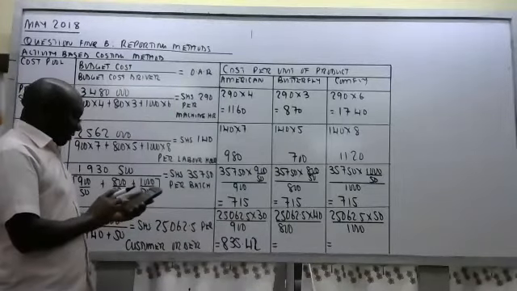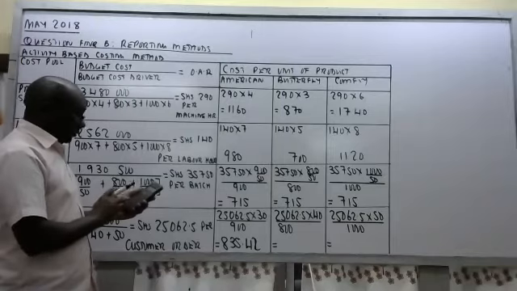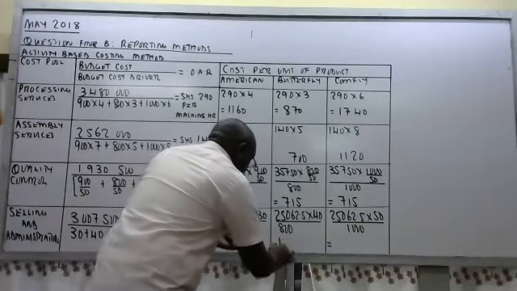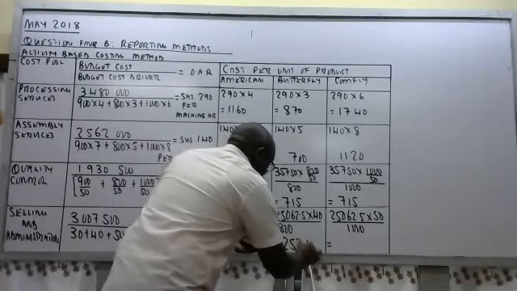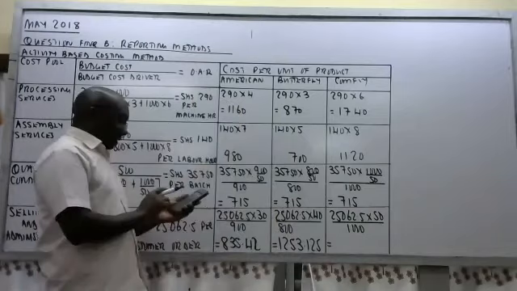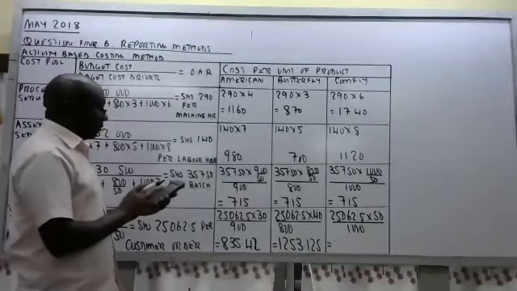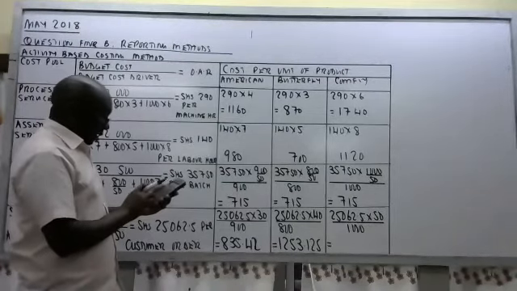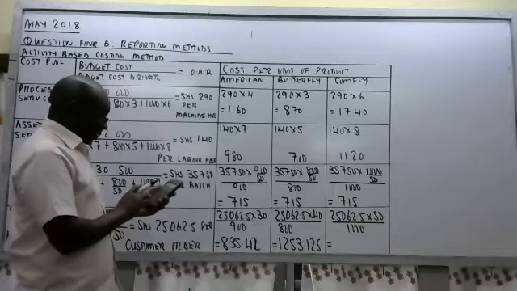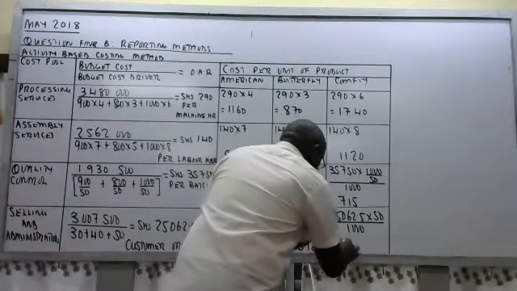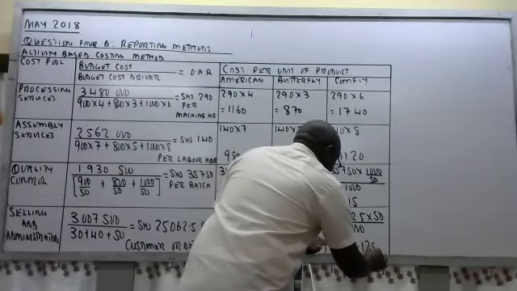Then 25,062.5 times 40 divided by 800 is 1253.125, that is exact. And 25,062.5 times 50 divided by 1,000 is 1253.125.